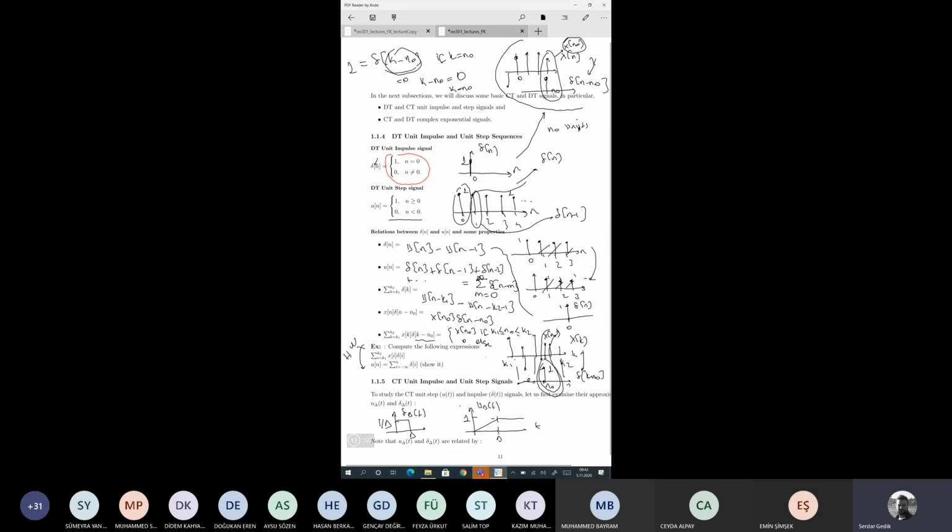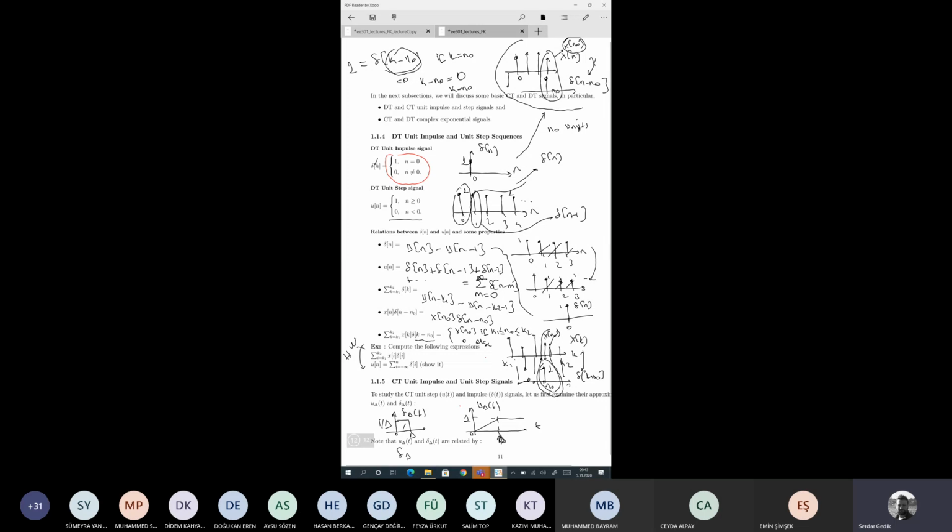Before defining continuous time unit impulse and unit step signals, I will first define two auxiliary signals. First one is impulse delta of t. It is 1 over delta for the interval 0 to delta, and the next one, u delta of t, is increasing from 0 up to 1, and it is equal to 1 at t equals delta. So these are my first very basic signals.